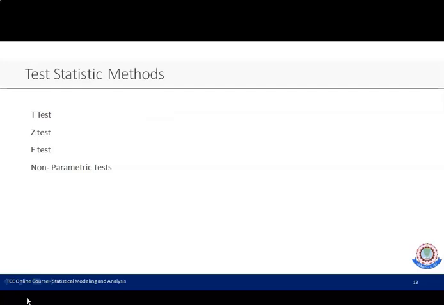Among the various test statistic approaches, these are the test methods: T, Z, F, and non-parametric tests, used in practice for analyzing various real-time data in order to get good estimation and approximation, and to define the significance level of the test statistic method that is used for evaluating the model.